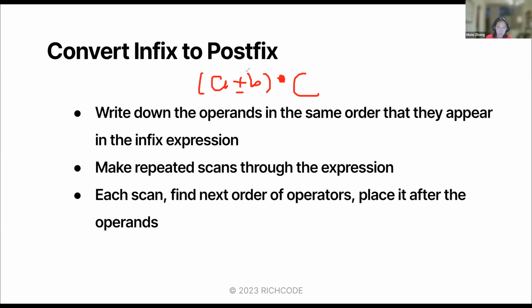So first let's write out ABC, right? And then this plus is the first thing you do, so you write it after the A and B. And then you have this multiplication next, between the A plus B and the C. So we can just write it after everything like this.